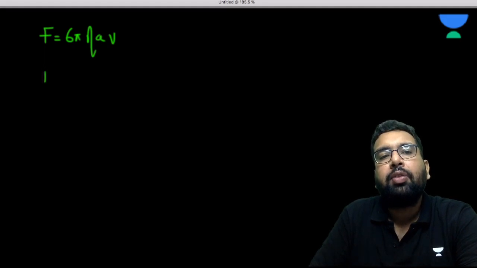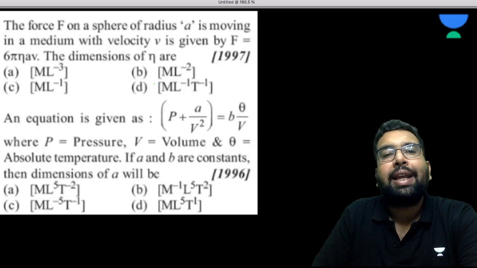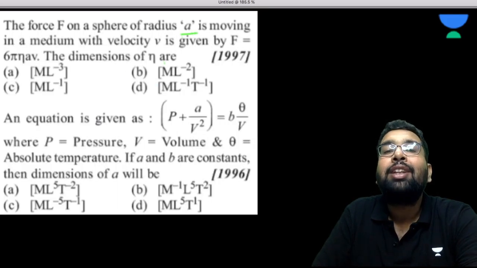So what is the dimension of F? It is M L T minus 2. What is the dimension of 6 pi? It has no dimension. We need to find the dimension of eta, so let it be like this. And what is A? Don't confuse A with the area. Read the question properly, it is the radius of a sphere.